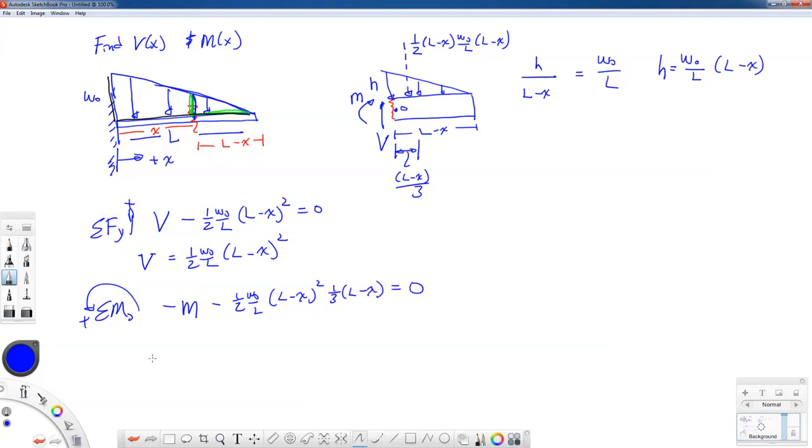And if I solve that for my moment equation, bring the M to the other side, I'll have M equals minus 1 over 6 W naught over L times the quantity L minus x cubed.